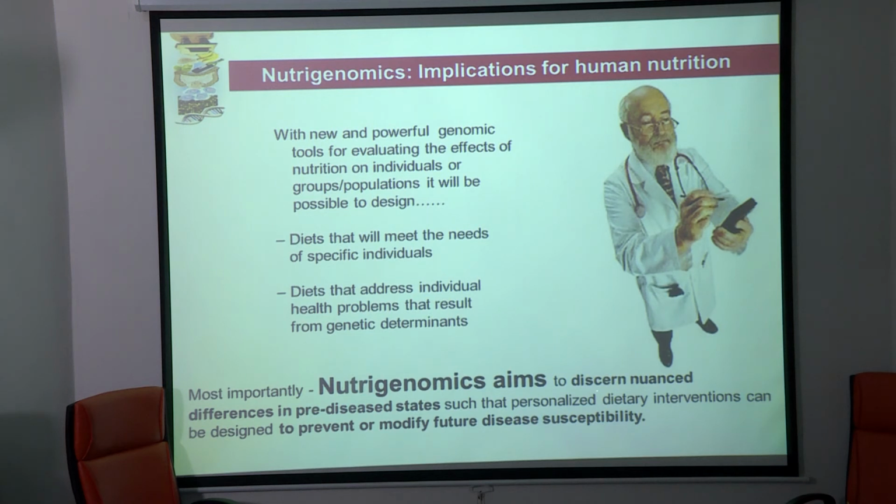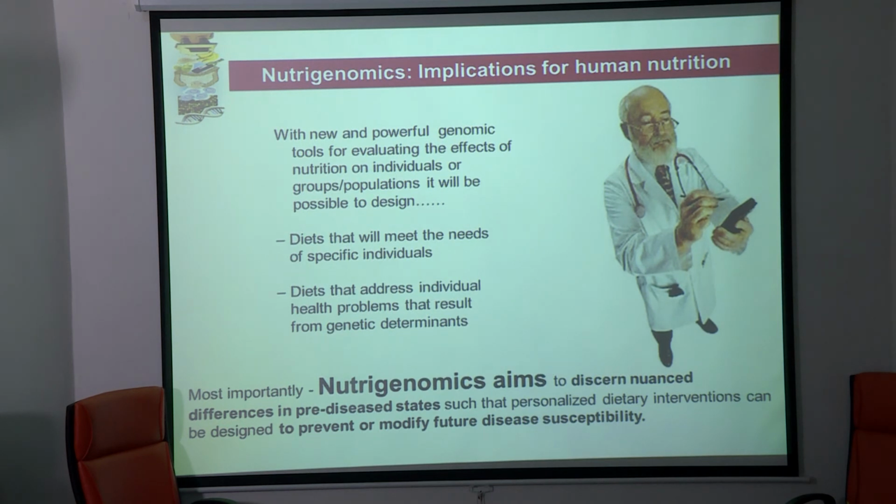Nutrigenomics aims to discern nuanced differences in the pre-disease states, such that personalized dietary interventions can be designed to prevent or modify future disease susceptibility. This is the main aim of nutrigenomics.